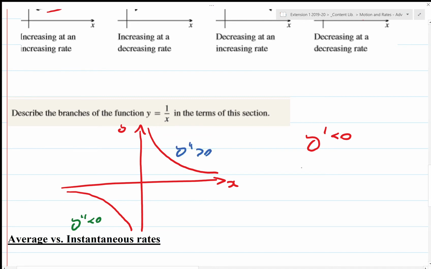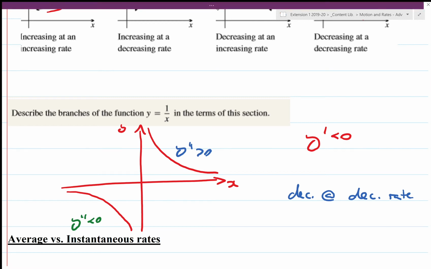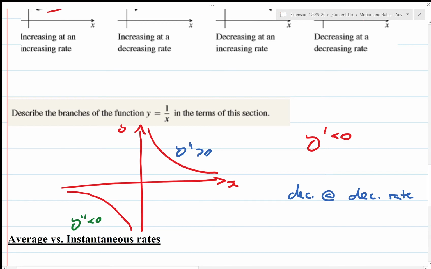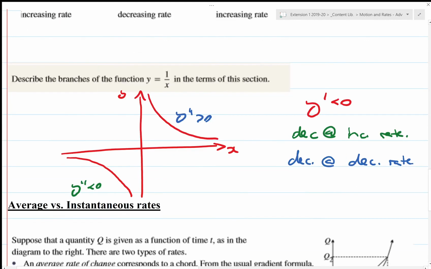So the blue one is decreasing at a decreasing rate because it's going down, but it's slowing the rate at which it's going down. It's concave up, so it's at a decreasing rate. Whereas the green one is decreasing at an increasing rate because it's going down and is concave down. So it's moving backwards and it's being pushed backwards as well.